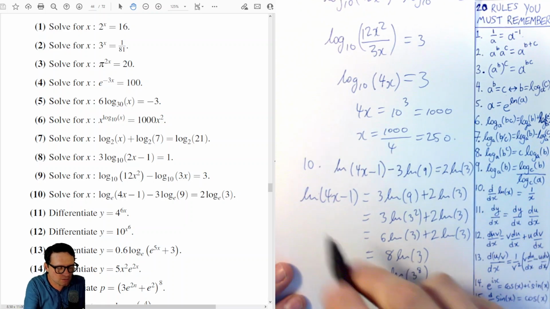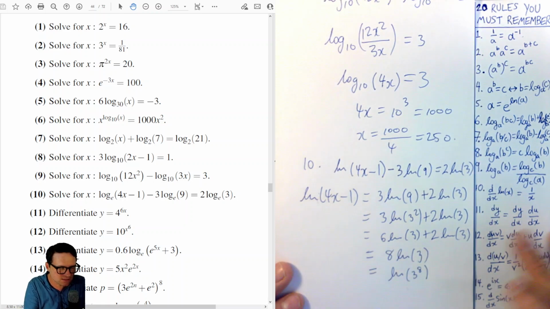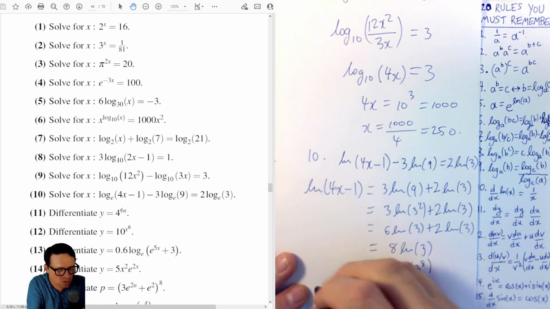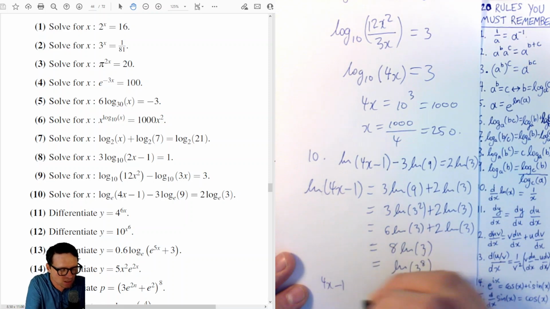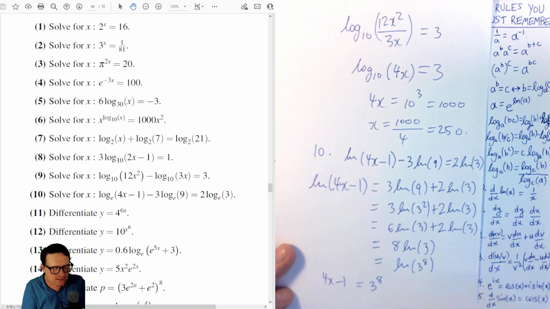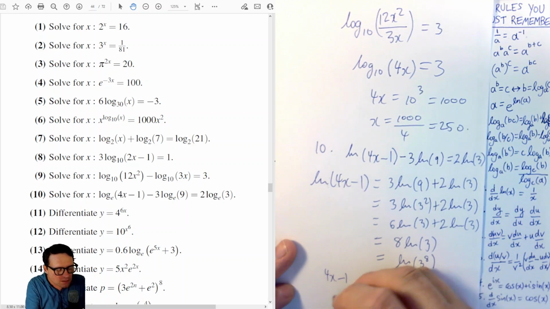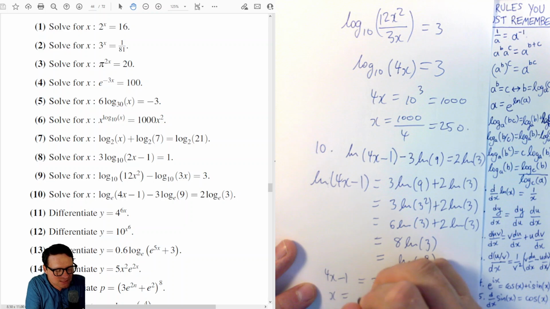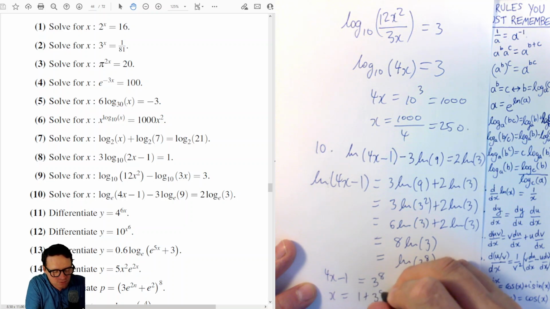Okay, and so now same base. So what we see then is that 4x minus 1 is 3 to the power of 8. Now let's solve this for x. Add 1 to both sides, divide by 4. And so we have x is equal to 1 plus 3 to the 8th all over 4.